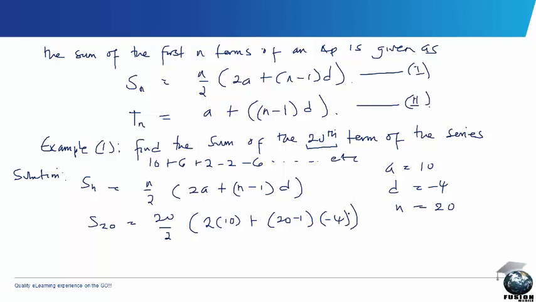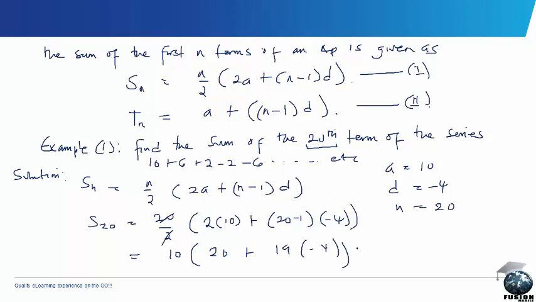For the next line, we carry out some mathematical manipulations. You could see from this point 2 can go into 20 to give 10, and then 2 times 10 is 20, plus 20 minus 1 is 19 times minus 4.